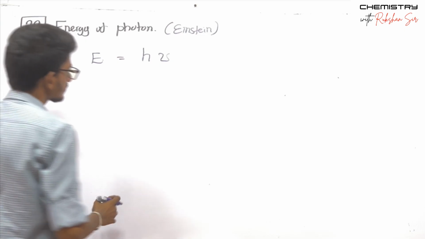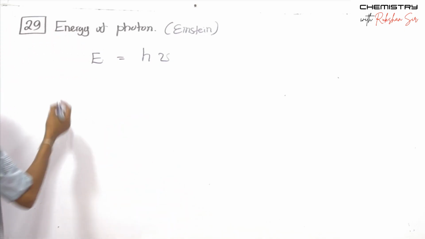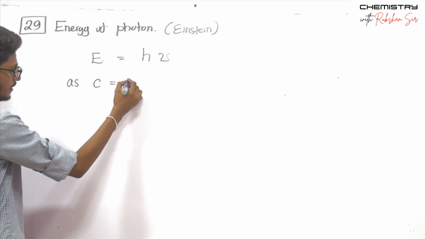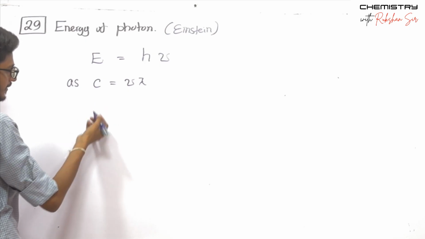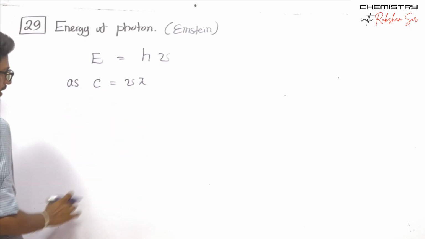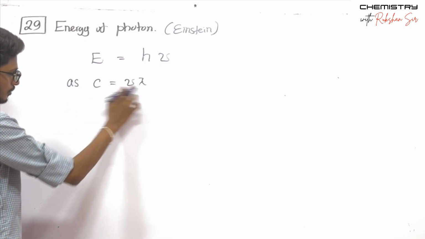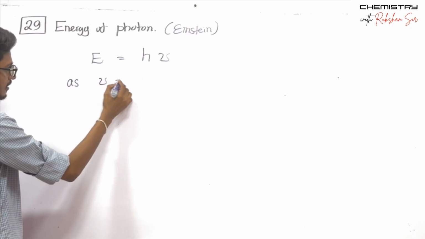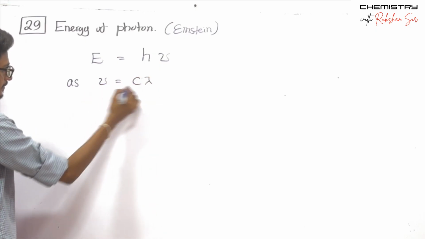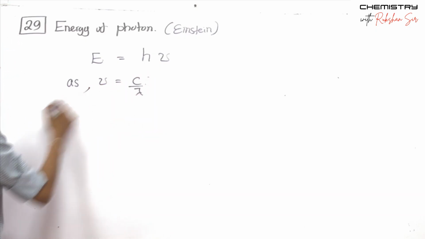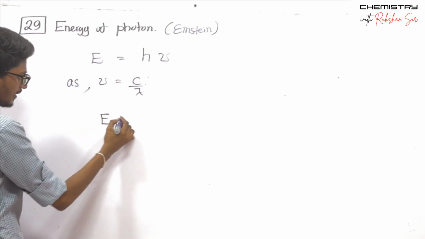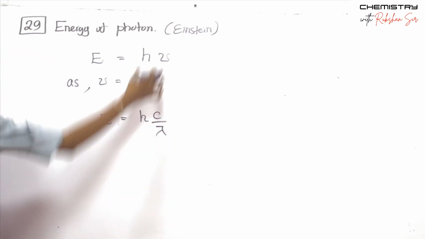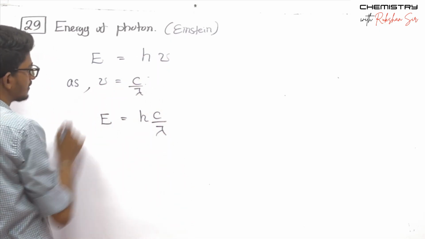We know that c is equal to νλ, so ν is equal to c/λ. So you can say energy of a photon is equal to hc/λ. Instead of ν, we just substitute c/λ.